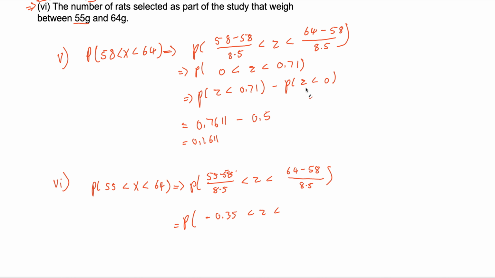We know it's right here, 0.71, and now that equates to P. We just have to get the difference. So that's P of Z less than 0.71 minus P of Z less than negative 0.35.